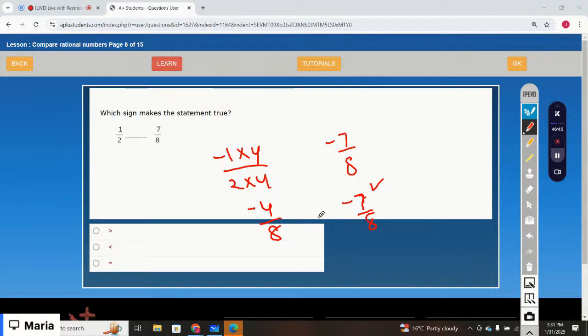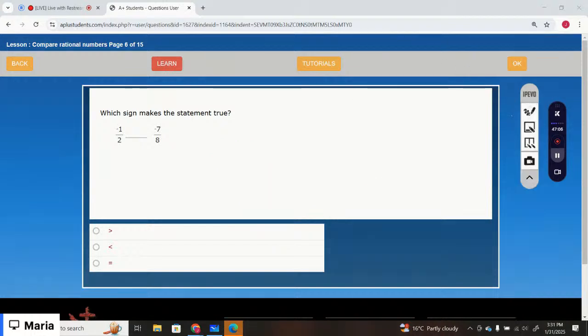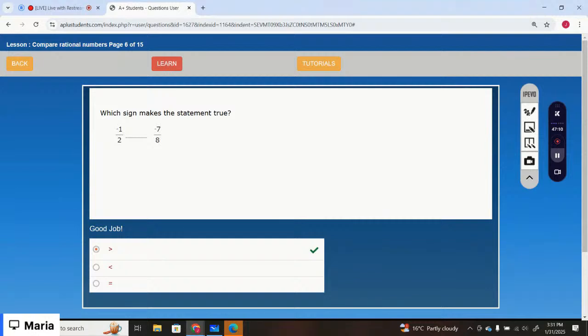So negative 7 by 8 is smaller than negative 4 by 8. So negative 4 over 8 is greater than negative 7 over 8. The correct option is greater. Option number 1 is the correct option.